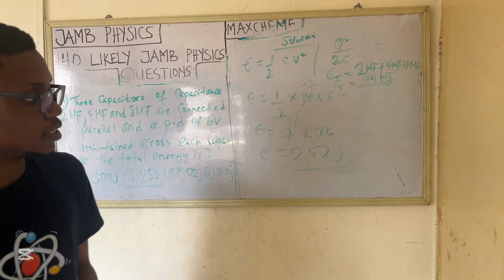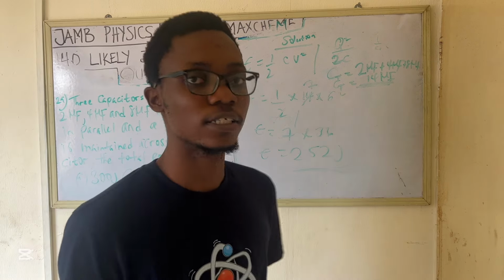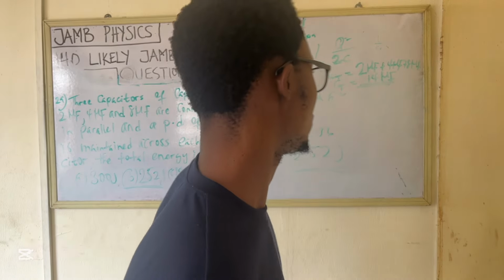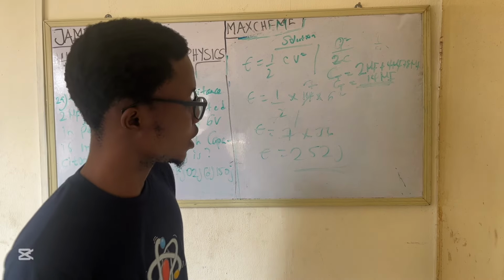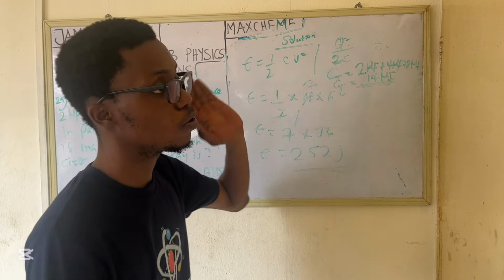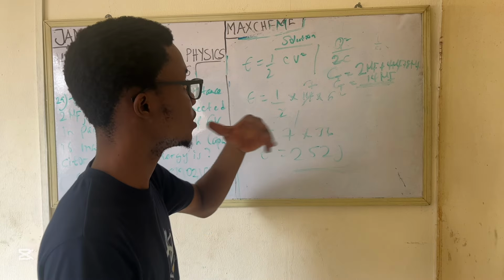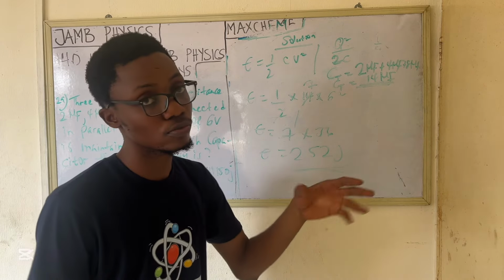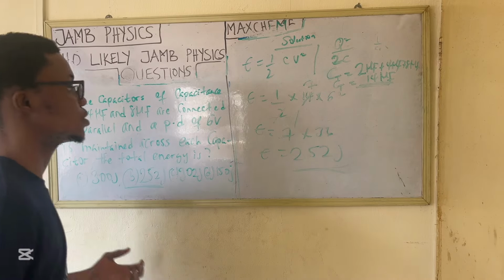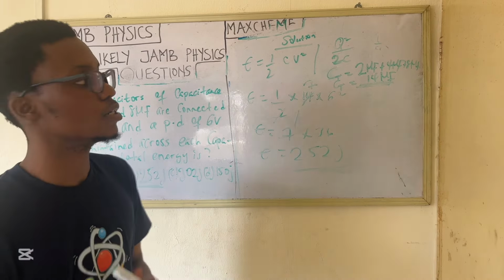That means E is equal to 252 joules. So in case you are not given V and you are given quantity of charge, you can use E is equal to Q squared over 2C. Are you getting me now? Q squared over 2C, or you say 1 over 2 CV squared. So it depends on the question you are given.